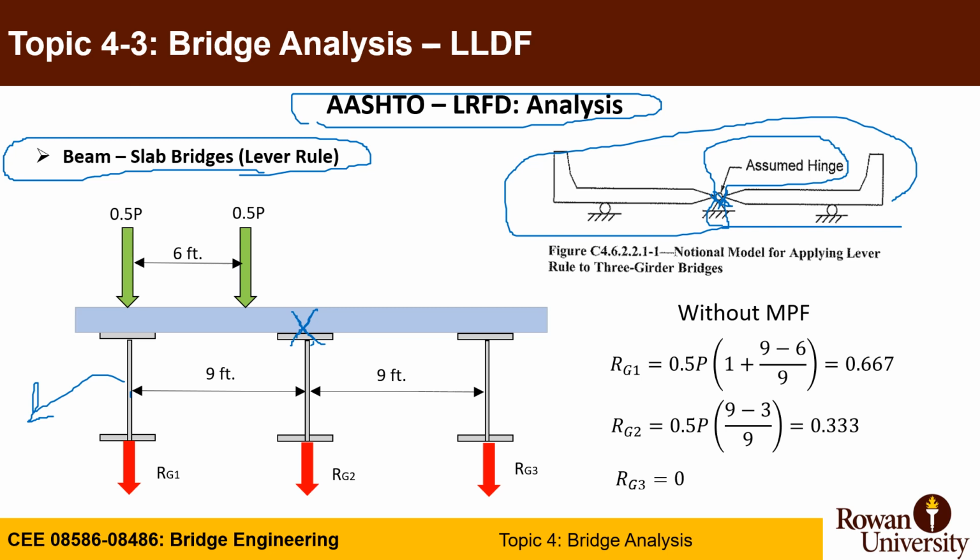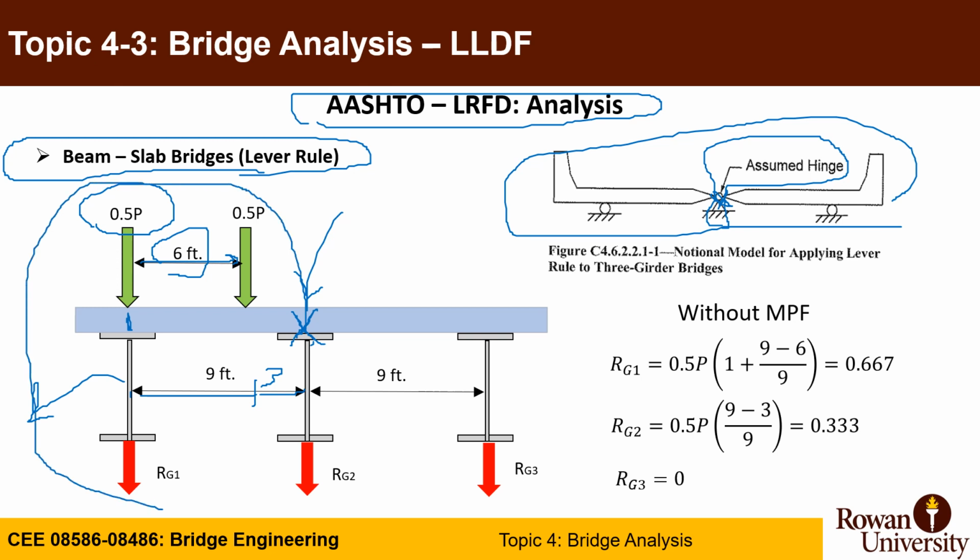So let's say your truck was placed exactly where one wheel line of the truck load is placed on top of the exterior girder, and you know the distance between the wheels is 6 feet, so they are 3 feet from the interior and 6 feet from the exterior. Assuming that you have a hinge here, you can assume that this is like a simply supported beam.